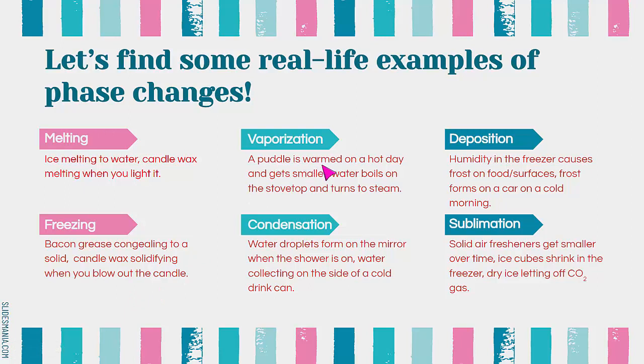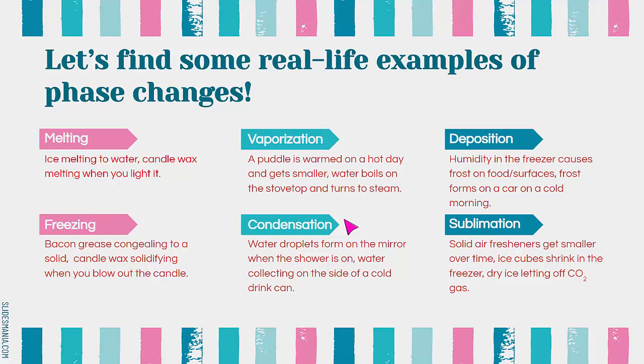Vaporization. A puddle is warmed on a hot day and it gets smaller. Or water boils on the stovetop and turns to steam. One of the examples that we had in class is after you mop, the floor is wet, but then if you wait a couple of minutes, it's dry because the water has vaporized. Condensation.